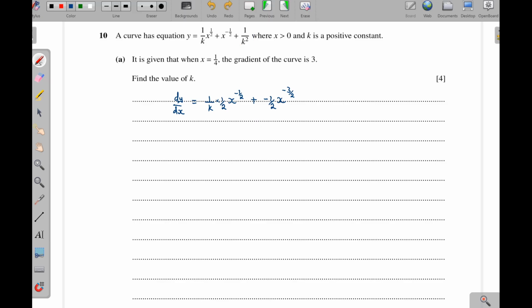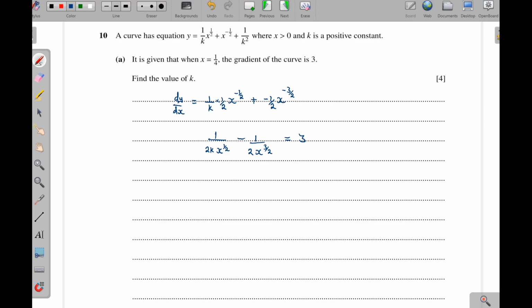Now we shall have 1 over 2k, then x to the power of a half. Then minus, now here, we shall have 1 out of 2, when this one goes down, then x to the power of 3 over 2. Then I will equate it to 3. You see that?